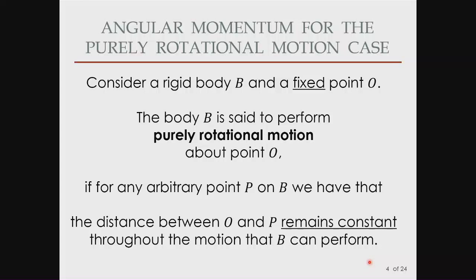All right. Now, one big trouble I have with this definition is that students like to use their own definition, which is wrong. So don't do that. Stick with my definition. I only have one definition of purely rotational motion. Don't change it.